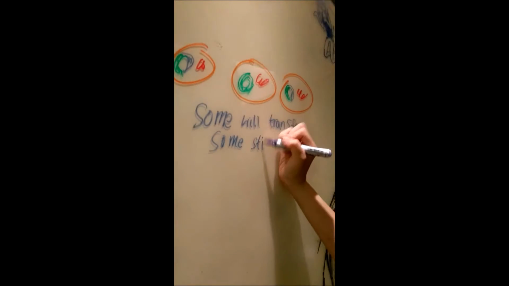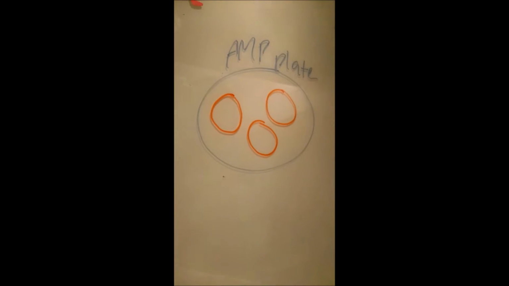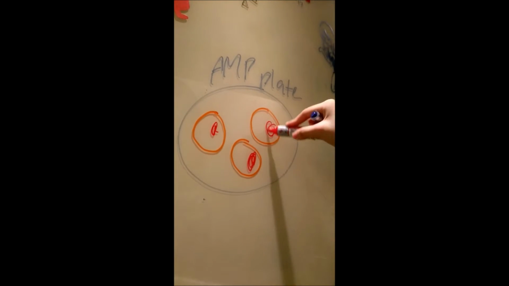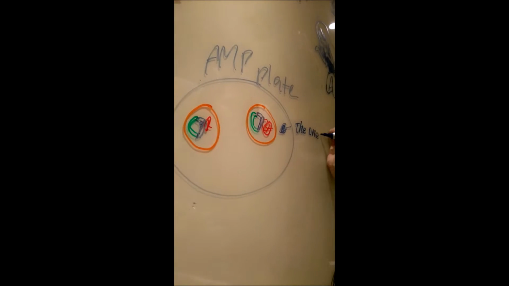So, in order to get the copies of DNA we want, bacteria are put on the ampicillin plate. And the bacteria without the recombinant DNA inside them will die because they do not have the ampicillin resistant gene in them, leaving the ones with the genes we want on the plate.